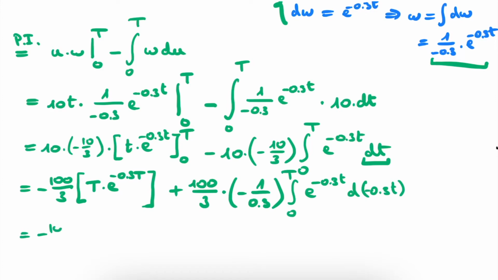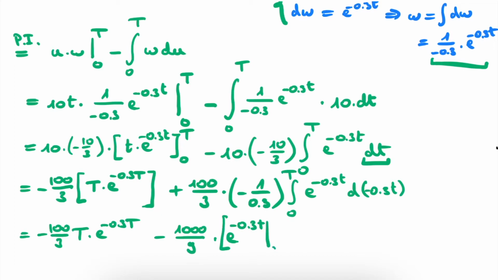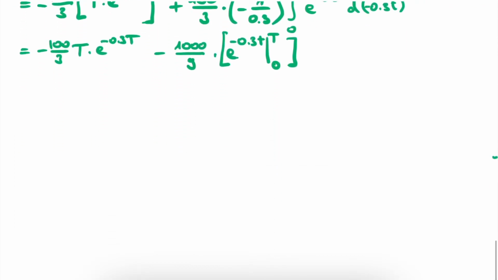Rewriting this, we get minus 100 divided by 3 times t times e to the power of minus 0.3 capital T, minus 1000 divided by 9, since we multiply 100 divided by 3 times 10 divided by 3, multiplied with the integral of this exponent. And this simply becomes this exponent again, so e to the power of minus 0.3 multiplied by t, and this we fill in 0 and capital T. And the integration part is already done now.